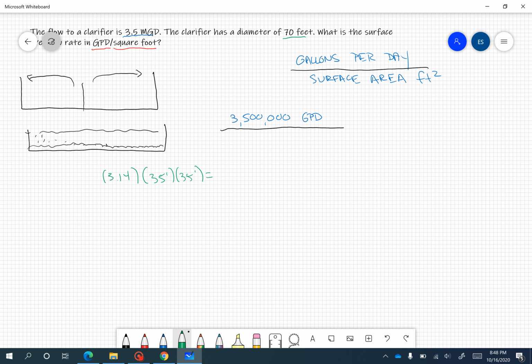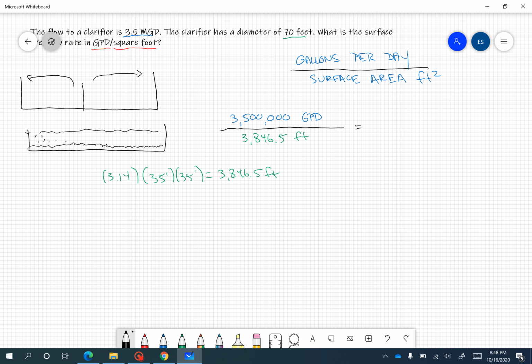So pi times radius squared is 3,846.5 square feet. So 3,846.5 square feet.